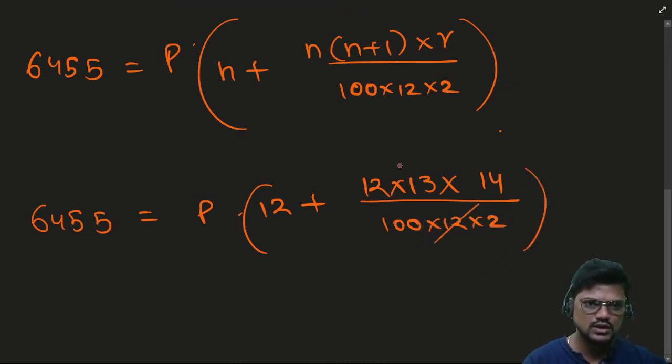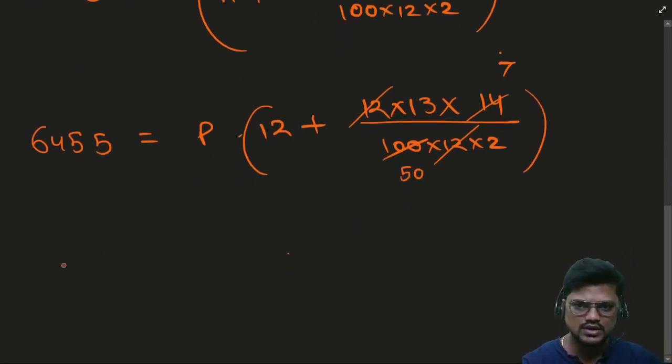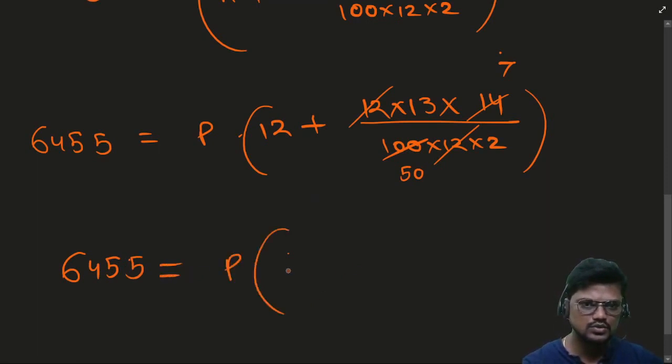So this 12 and 12 will get cancelled. 2 sevens are 14, 2 50s are 100. So what you get? 6455 equals P into 12 plus 13 into 7 is how much? 91. 91 upon 2 into 50, that is again 100.